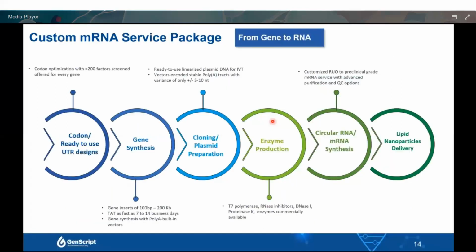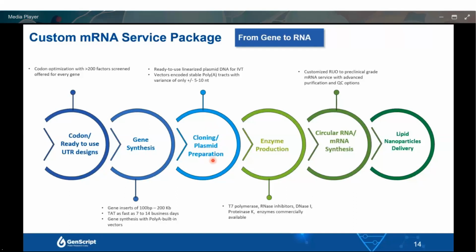Okay, so GenScript provides a one-stop solution for mRNA service. We can start from codon optimization design, and then gene synthesis, then cloning and plasmid preparation.